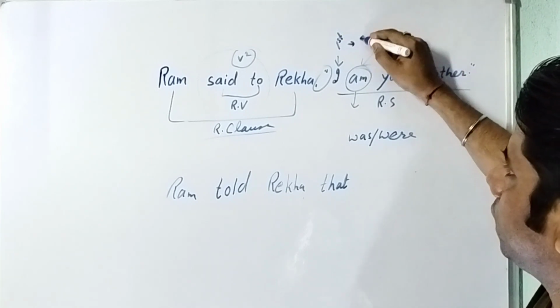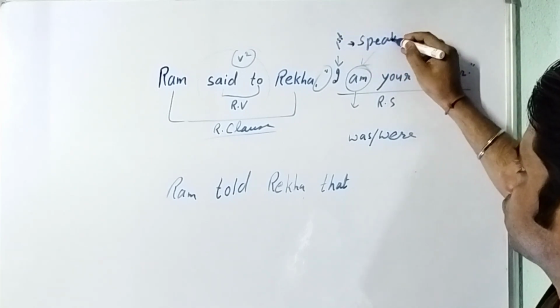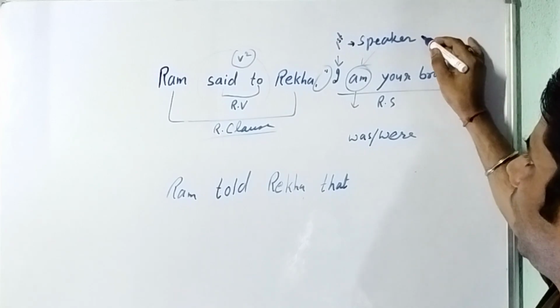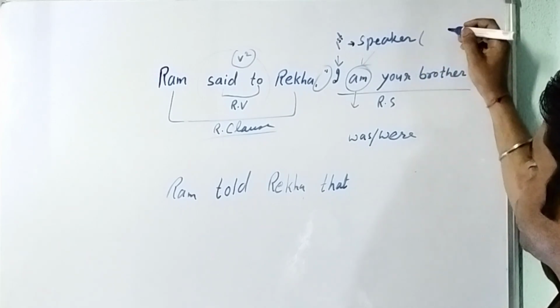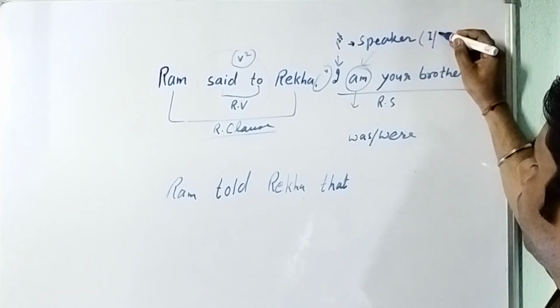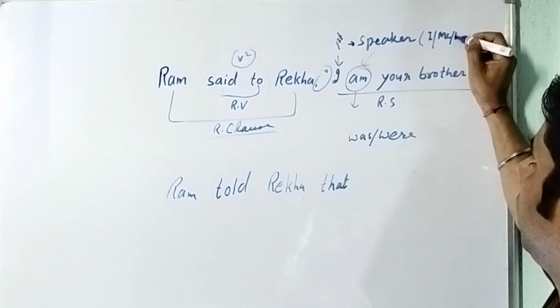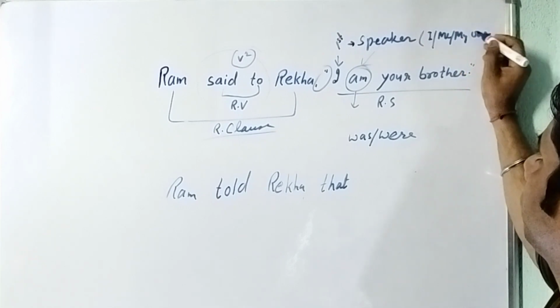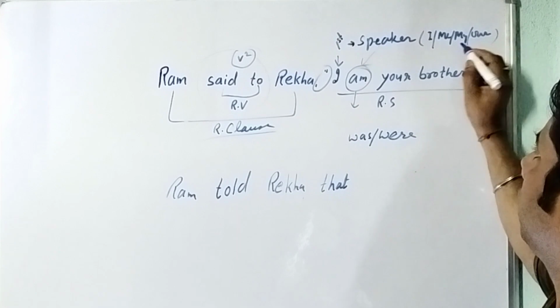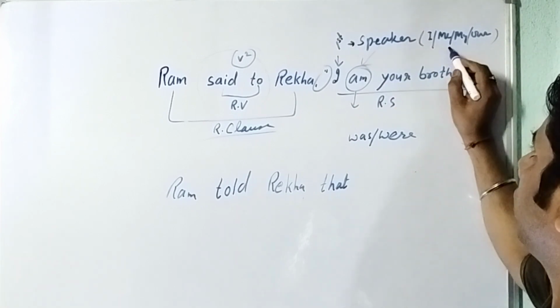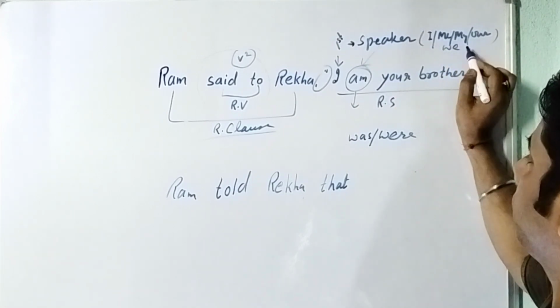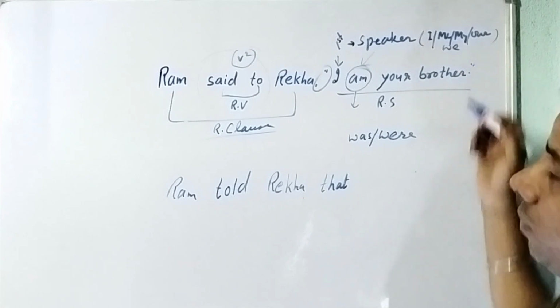First person means the speaker. I am giving you some examples of first person: I, me, my, our. Or if we want to say the plural, we can say we, etc.